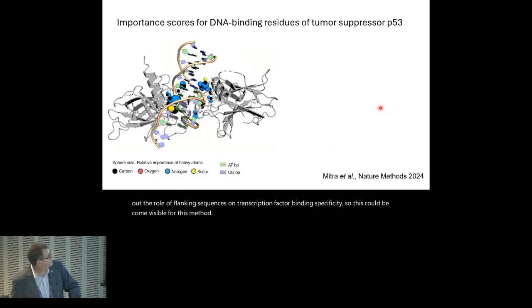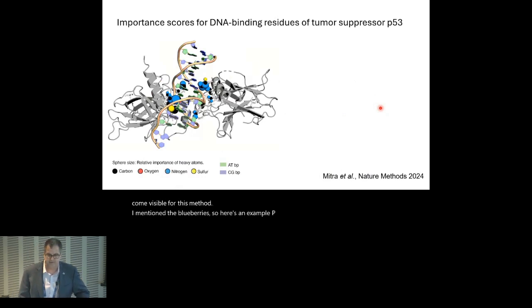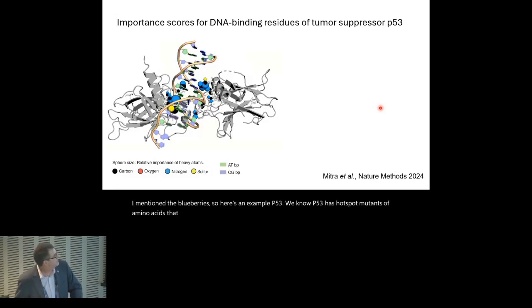I mentioned the blueberries. So here's an example, p53. We know p53 has hotspot mutants of amino acids that are in the protein-DNA interface. And you see here, for instance, there's an arginine here, an arginine here, and an arginine in the minor groove, which you see here.